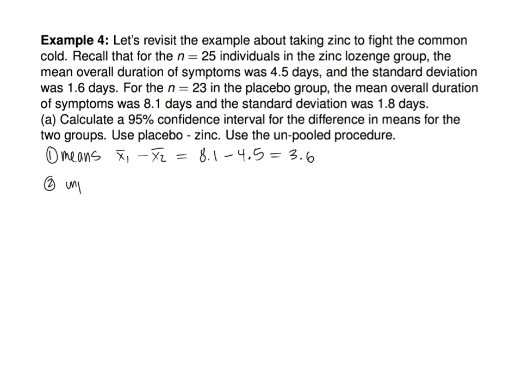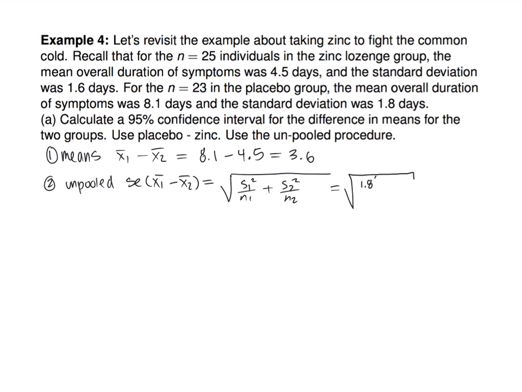Next, find the unpooled standard error. That's the formula that we've been using: S1 squared over N1 plus S2 squared over N2. So what's S1? 1.8. It doesn't actually matter what order, but we'll stick to the same order. 1.8 squared over 23, plus 1.6 squared over 25.